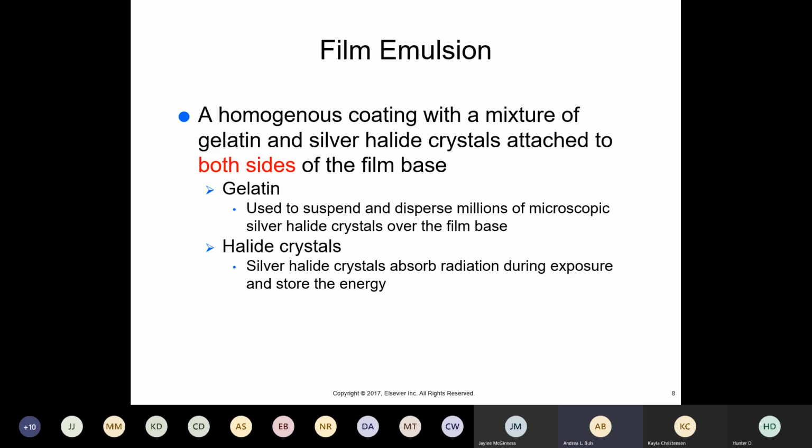The different speeds of film have different sizes of silver halide crystals. The larger the crystal, the faster the film. The smaller the silver halide crystal, the more detailed the film.